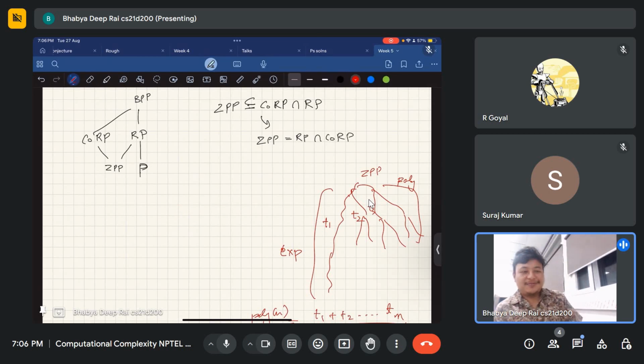So that would be an argument to say that P is not contained in ZPP. This is evidence for that. But the other way around, P is contained in ZPP. Yes, Suraj, why is P contained in ZPP?